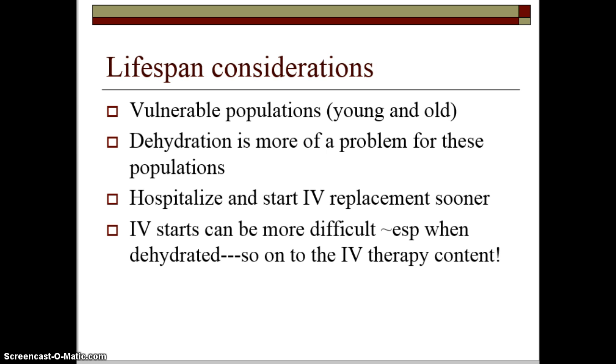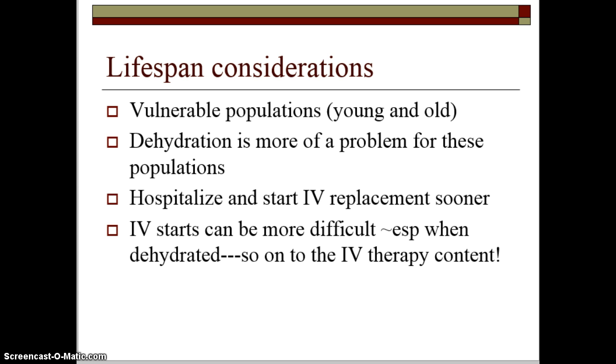Our lifespan considerations then are our vulnerable older and younger populations. We know that dehydration is a problem for our young pediatric and infants, because a large percentage of their body water or their body weight is water. And then our older adults typically have very poor veins.